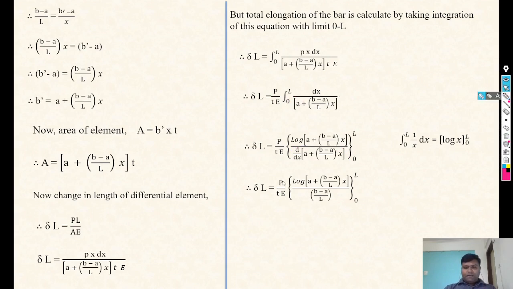So P divided by tE, in brackets, log of (a plus (b minus a) by L into x), as it is.